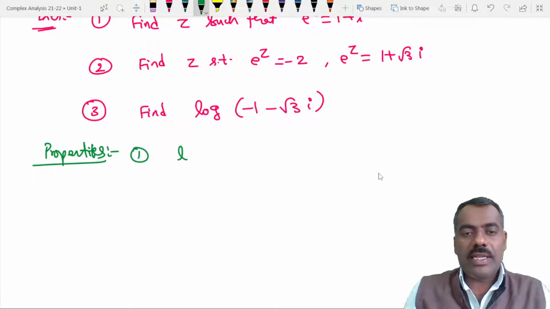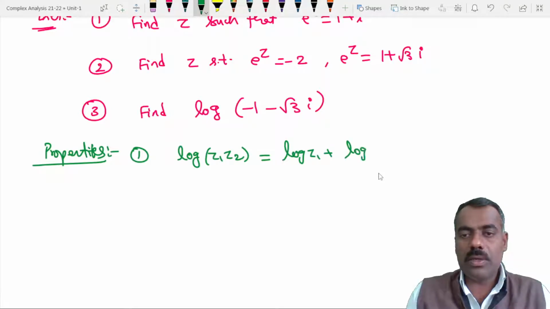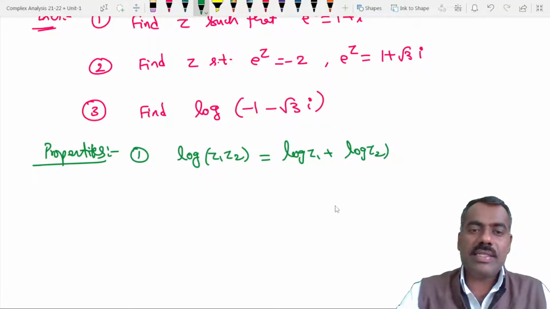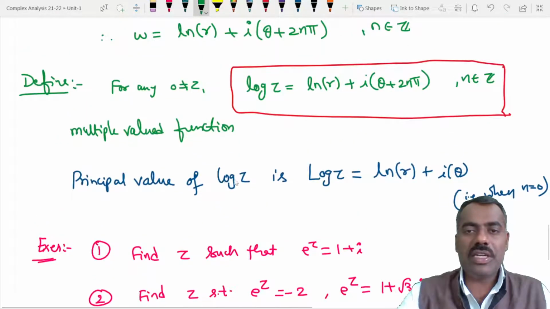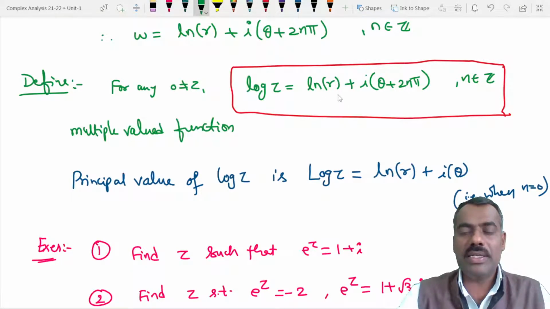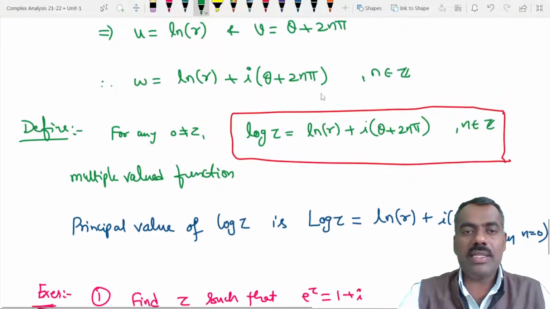First one, you can observe that log of z1 times z2 is the same as log z1 plus log z2. Why? Clearly by definition, log z1 z2 is the natural logarithm of r, which is nothing but mod z, where r is the modulus of z.